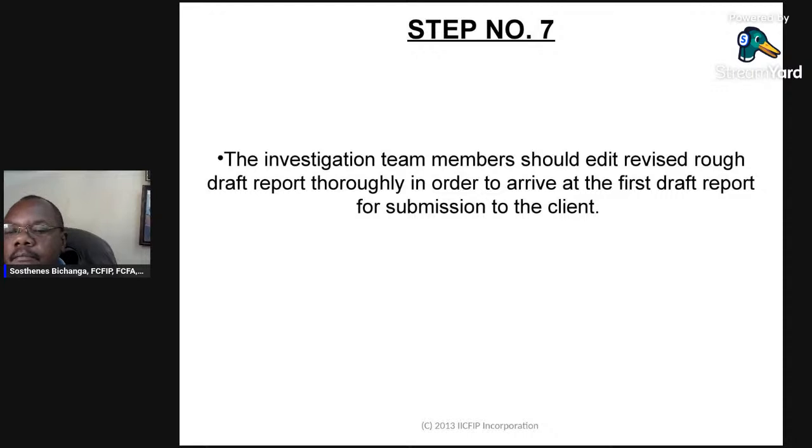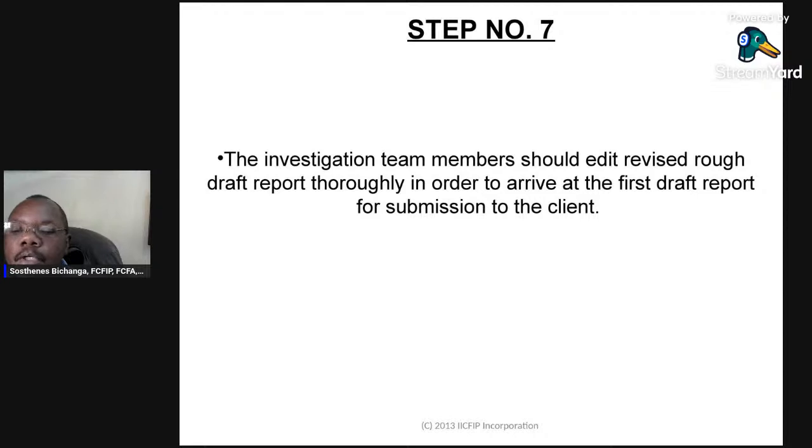And if the errors have a huge impact, then your integrity as an investigator will be badly, irredeemably damaged. So care must be taken here.